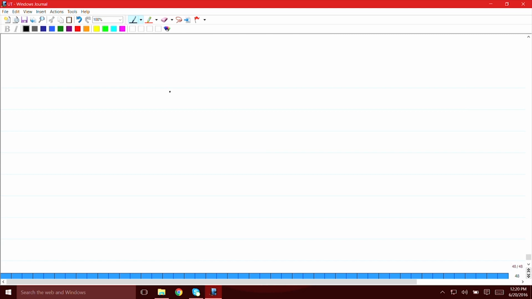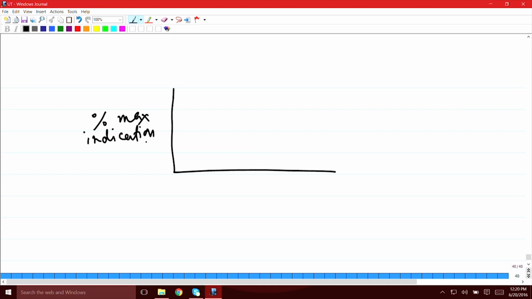So, plot the heights. In this case we can plot in terms of percent of maximum indication height as a function of relative area.